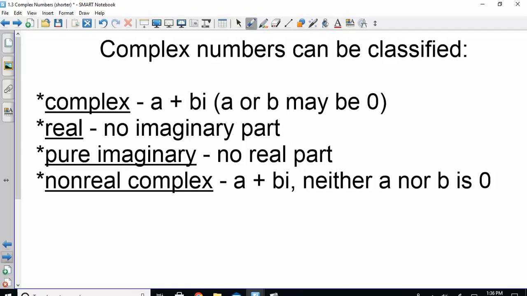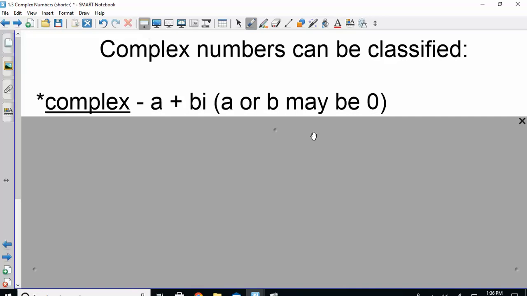So with this, you probably haven't classified these before. It's not going to be a huge emphasis, but I do want to kind of touch on this. Any a plus bi, that is a complex number. Okay, so every number that we've seen so far is a complex number. 3 is a complex number.